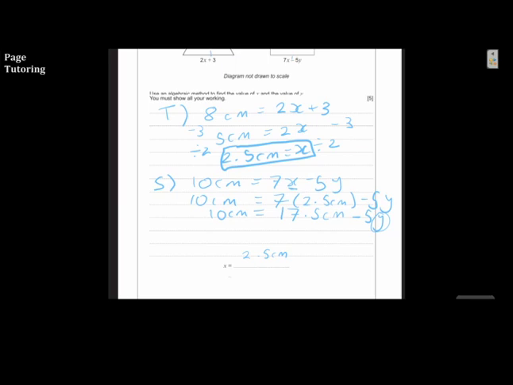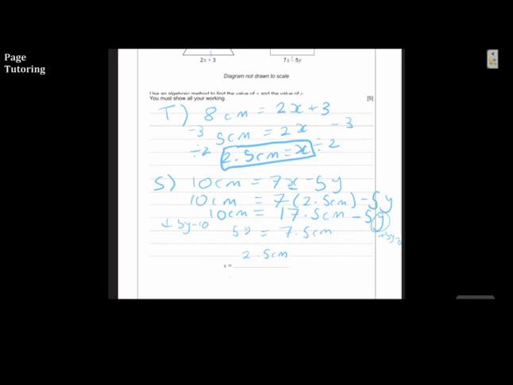So first of all, let's move y over to the other side. I'm going to move 10 that way. So we're going to add 5y and take away 10. So that 5y is going to disappear, and we're going to take away 10, so we're going to get 7.5 centimeters. And then the 5y is going to appear on this side, and that 10 is going to cancel out.